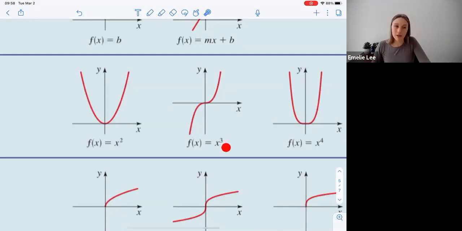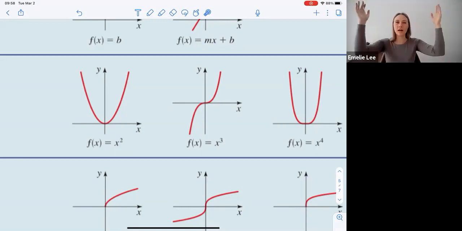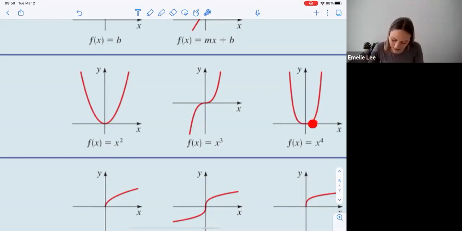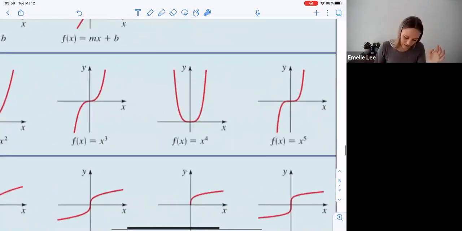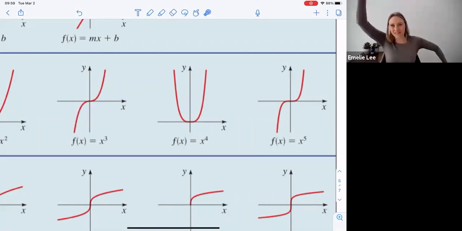Now, if you have odd powers, notice that here we have x to the 2, and here we have x to the power 4. So even powers of x are all going to look like a parabola. They just squish down on the x-axis. Same thing with odd powers, but now x to the power of 3 looks like this.